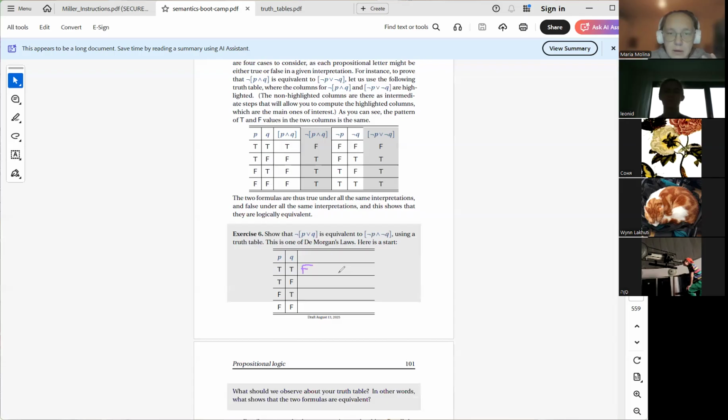If P is true, Q is true, negation of P and negation of Q gives us what?